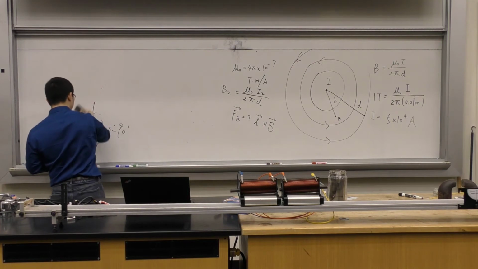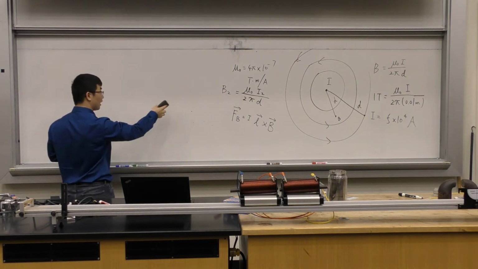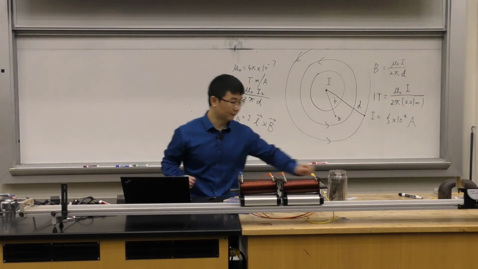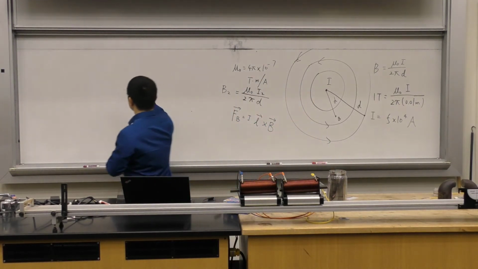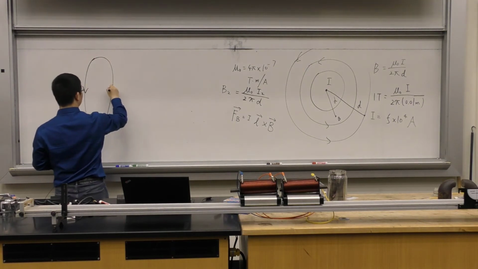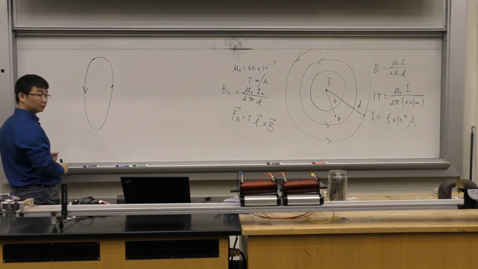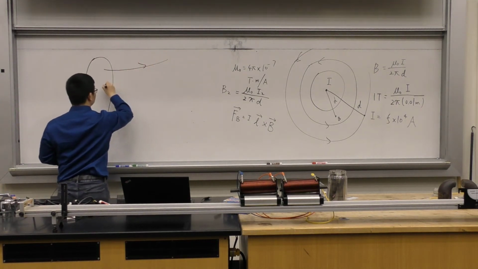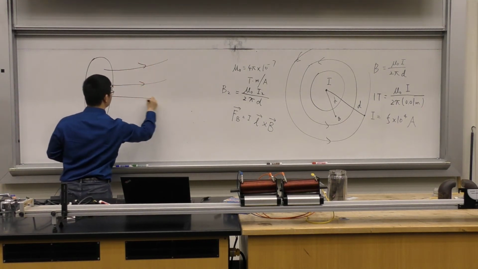A loop current is actually more intuitive than that, because once you draw it, you can see why. If there's a loop current, so there's a current going around it, the magnetic field created by this is actually this way.